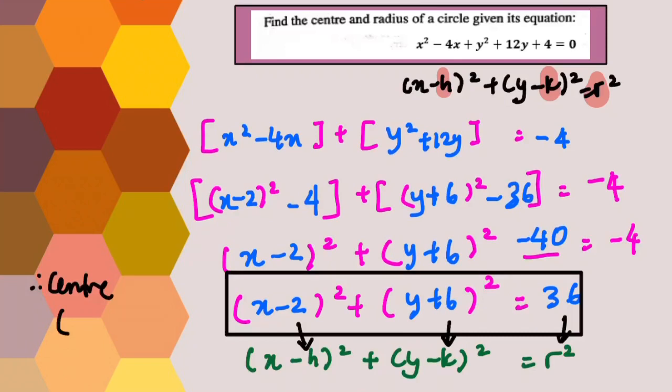Therefore, center is equal to (2, −6), and the radius is equal to 6, because r squared here is equal to 36. Therefore, r is equal to 6. So this is your final answer for your center and also for your radius.